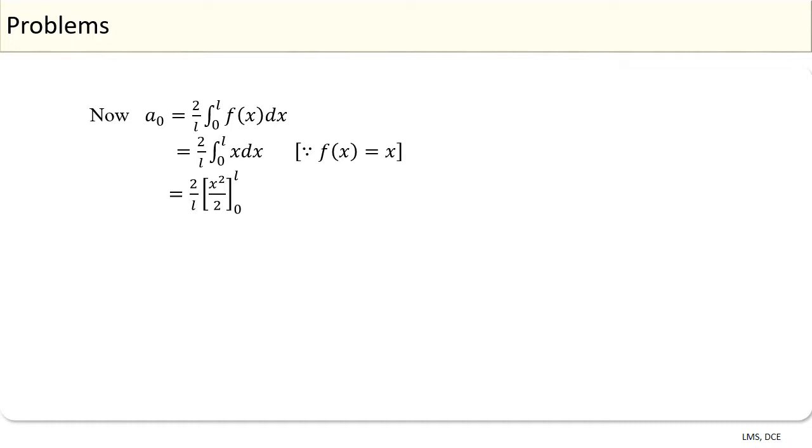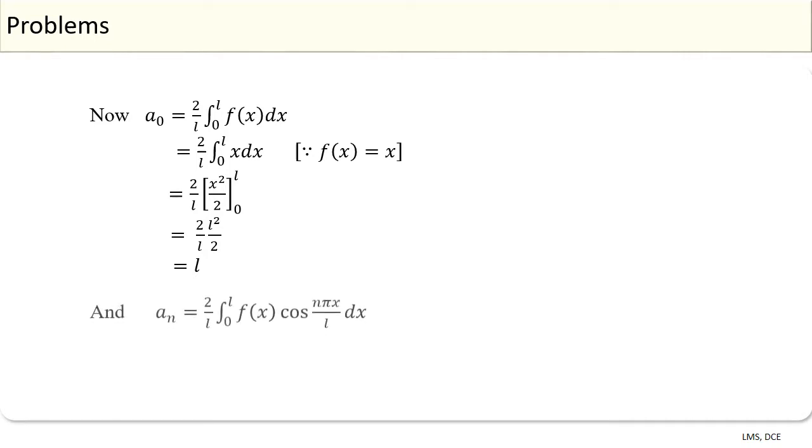By applying upper limit l and lower limit 0, we have 2 by l into l square by 2. By simplifying, we have a0 is equal to l. Now we will find an.